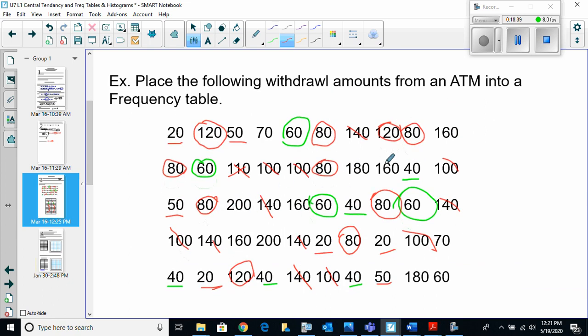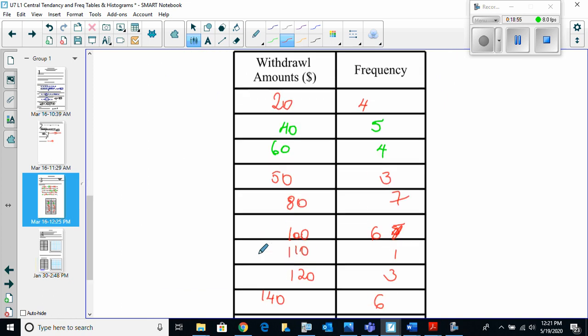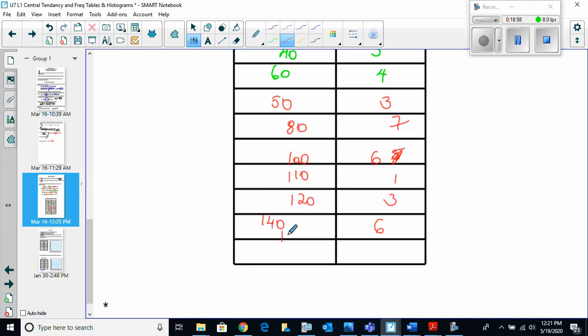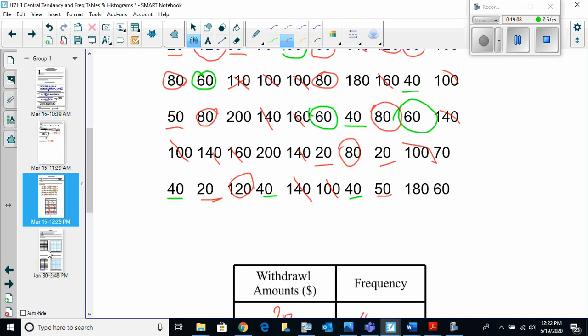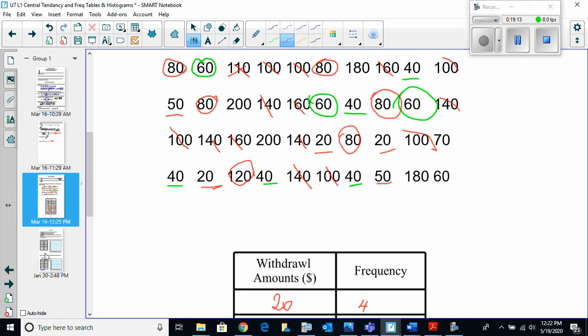And then 160. 1, 2, 3, 4. So 160 is 4 times, and so you will continue. This is kind of boring, and it is self-explanatory. So this is how you complete the frequency table.